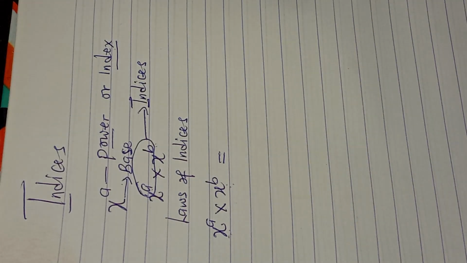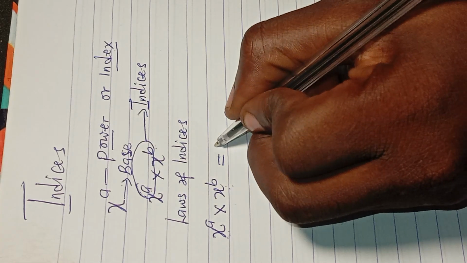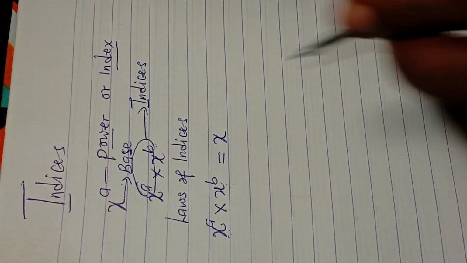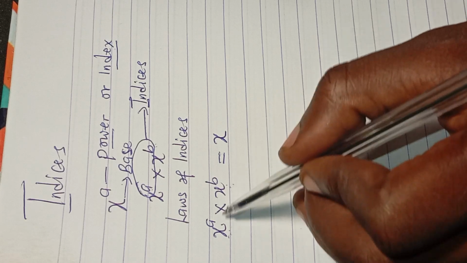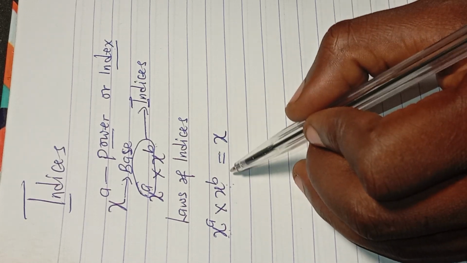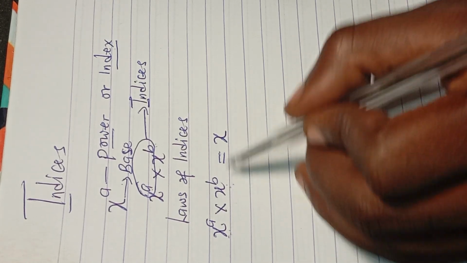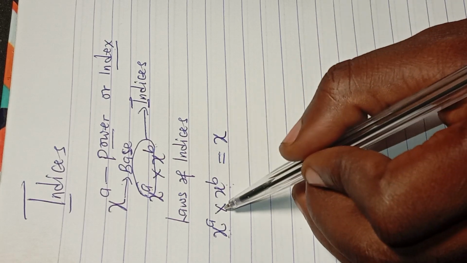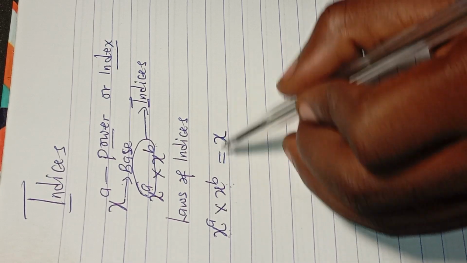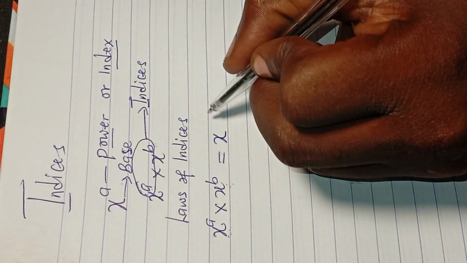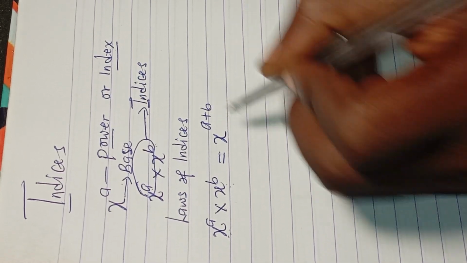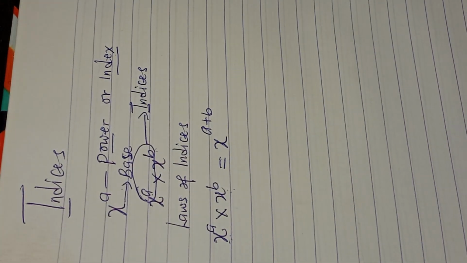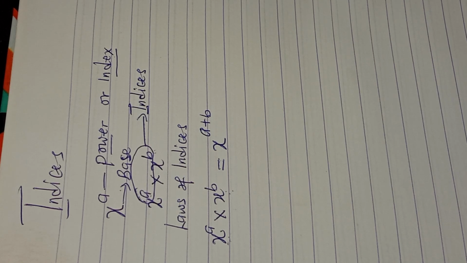If you have 3, 4, 5 and they are the same base, you are to take one. So we take 1x, and here is multiplication, so we are going to add the index numbers. We have a plus b, because here is multiplication. So that is the first law.